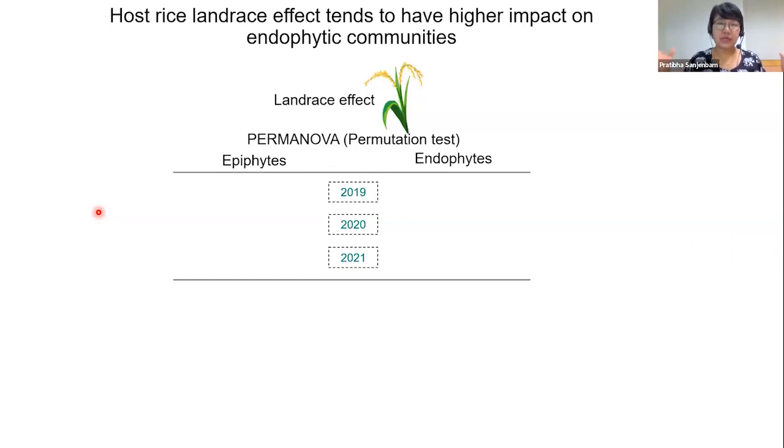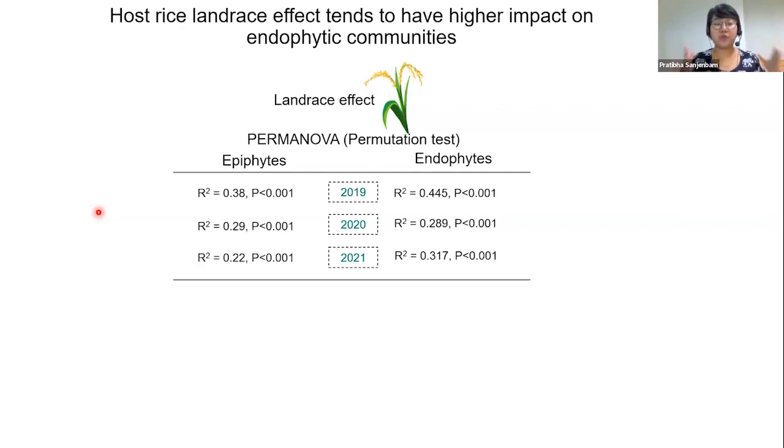Given this result, we wanted to ask whether we have a weaker host effect on the epiphytic community as well as on the endophytic community. And surprisingly, we see that if you check the R-square value shown over here, most of the variation, even in the epiphytic community, is explained by the host landrace, suggesting that host-imposed selection might be responsible for structuring the community.